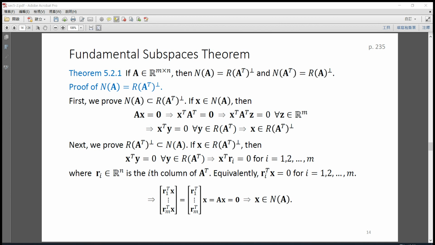One important consequence of the fundamental subspaces theorem is that because the null space of A is the orthogonal complement of the column space of A transpose, the null space of A and the column space of A transpose are orthogonal subspaces.